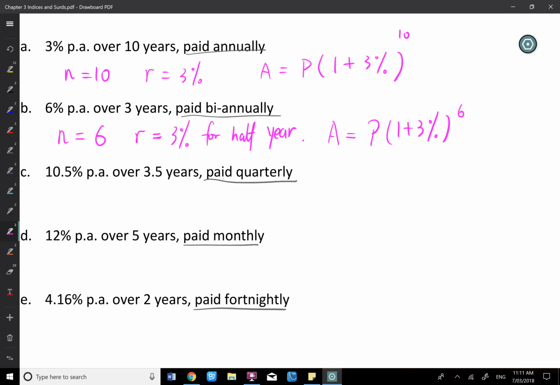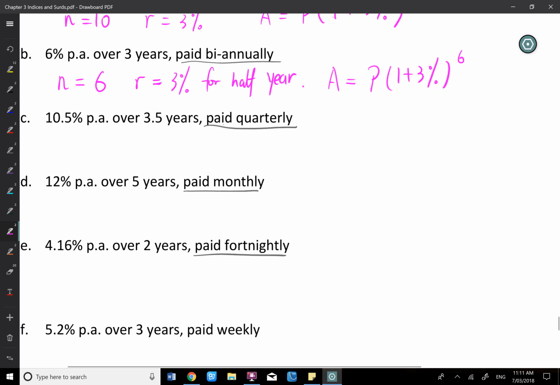You don't think about things in years, you think about paid periods. How many times will you get paid? 6 times. For each period, you receive money. What's the interest rate for that period? That period is only 3% because it's only half a year. For the whole year you have 6%, for half a year you only have 3%.